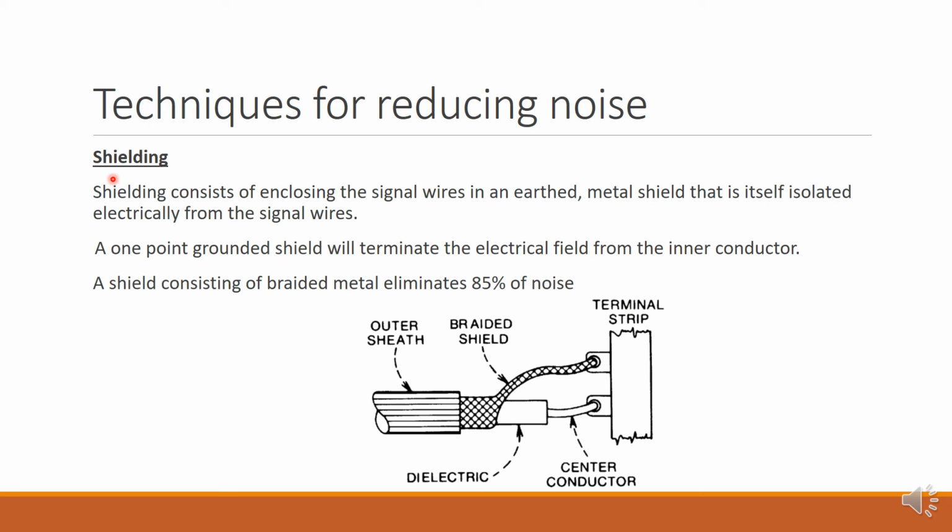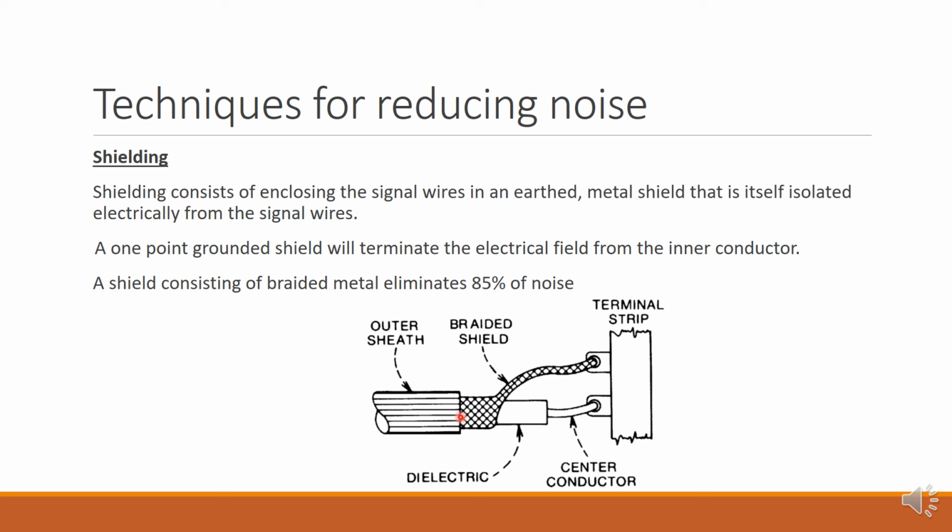Another method for reducing noise is shielding, using shielding in your wiring system. So what is shielding? Shielding consists of an enclosed signal wire in the middle, and then in the outer part there is a metal shield that is isolated from the signal wires.